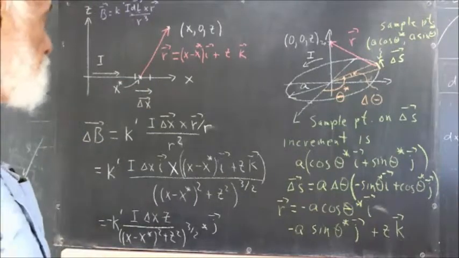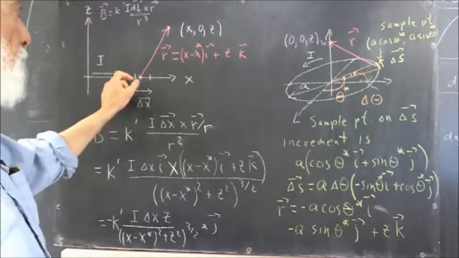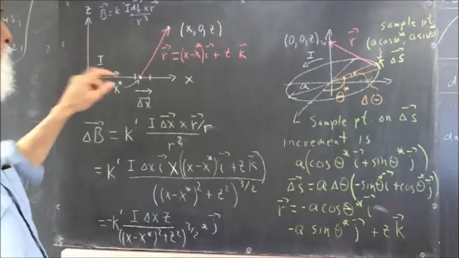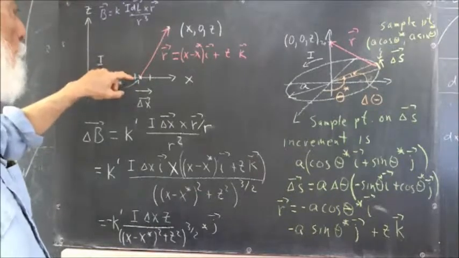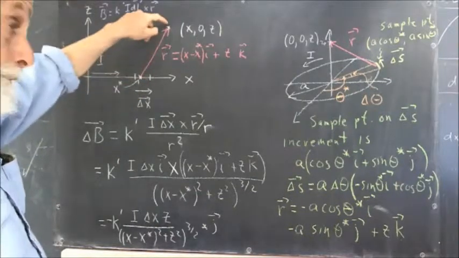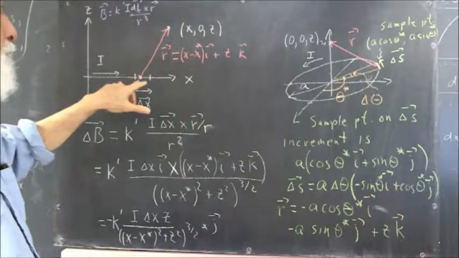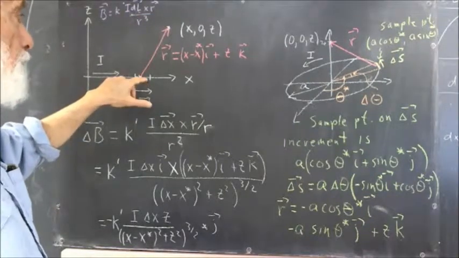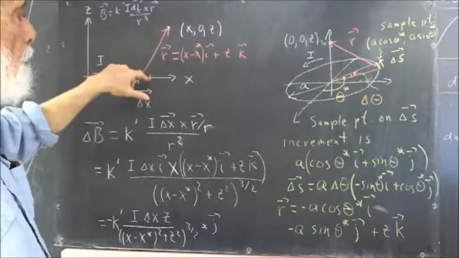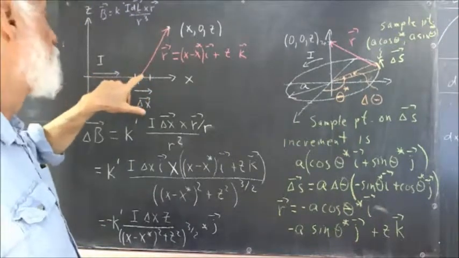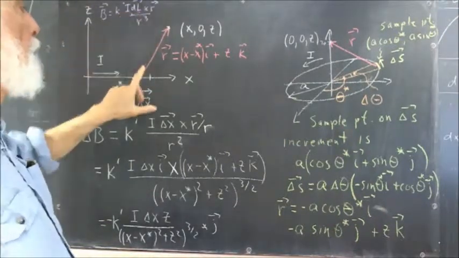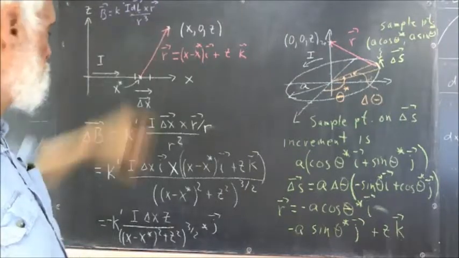Now this is an approximation. We assume the increment is small enough that the R vector from one point in the increment to our field point is very nearly the same as the R vector from any other point in the increment to the field point.